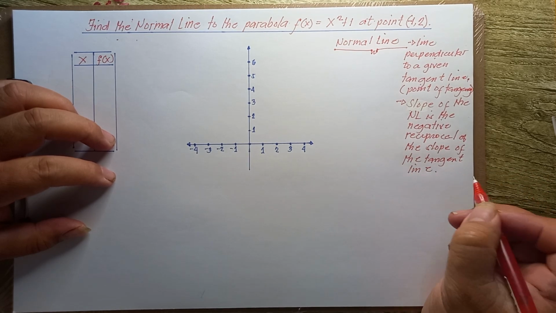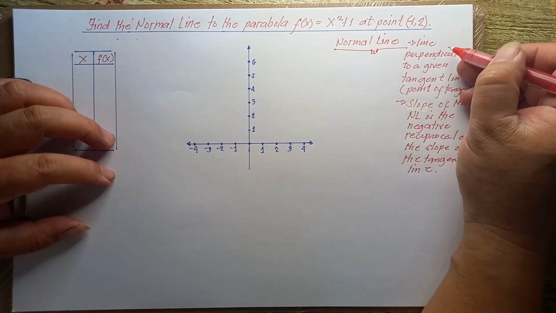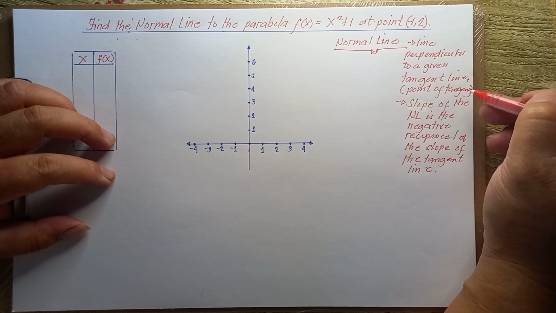So when we say normal line, it is a line that is perpendicular to a given tangent line.